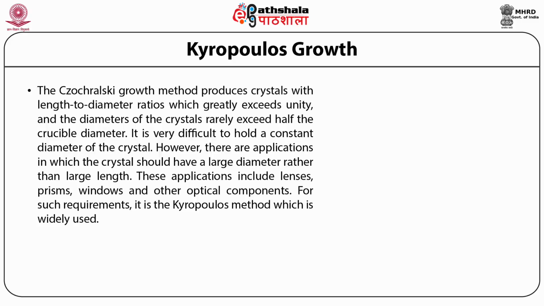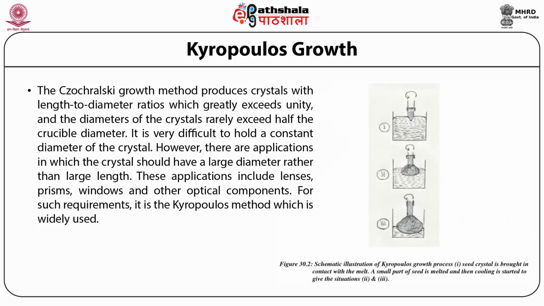However, there are applications in which the crystal should have a large diameter rather than large length. These applications include, for example, lenses, prisms, windows, and other optical components. For such requirements, it is the Kyropoulos method which is widely used.